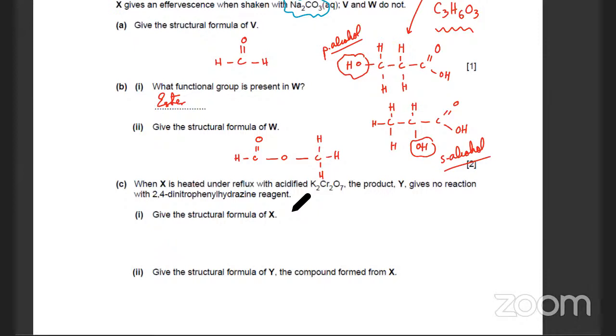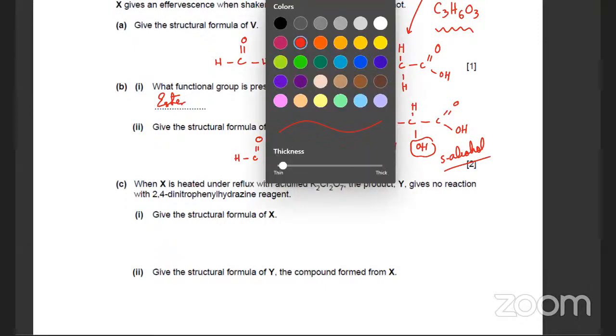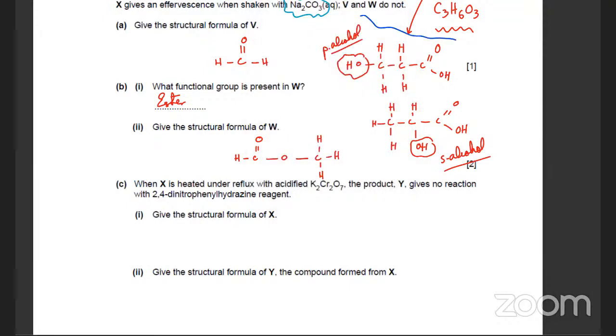So I've figured out the molecule. It's going to be this one. This is what X is. Not this one. This is not X, because it's a secondary alcohol, and if you oxidize a secondary alcohol with K2Cr2O7, you get a ketone. And a ketone will give a positive result with 2,4-DNPH.